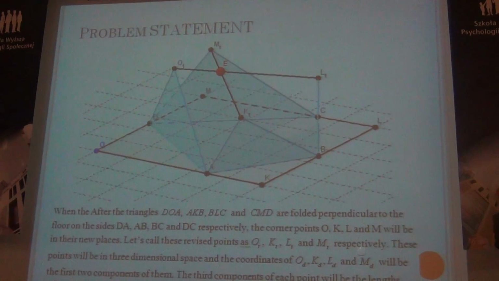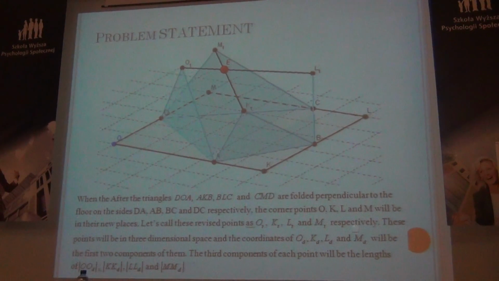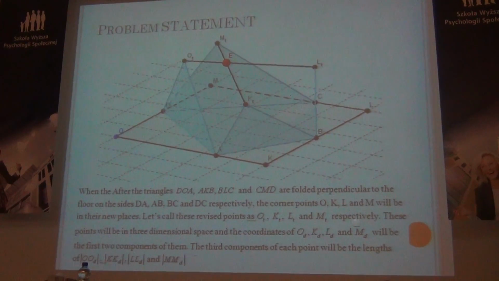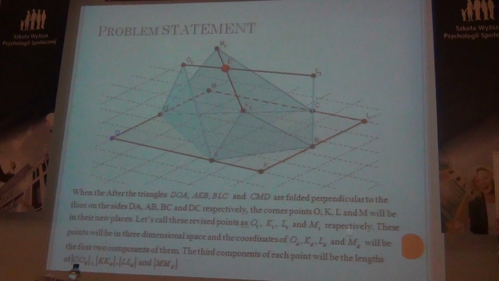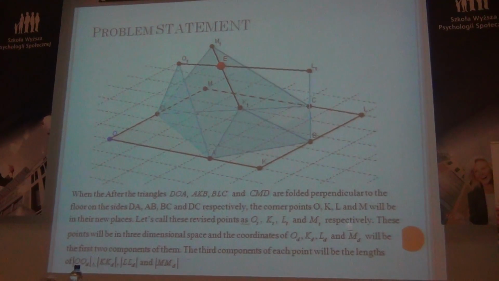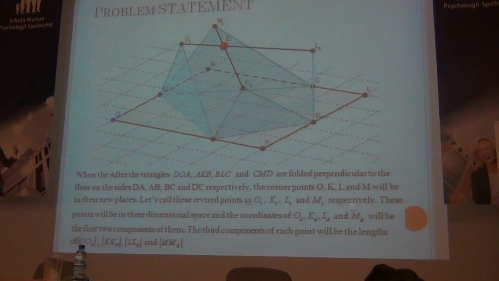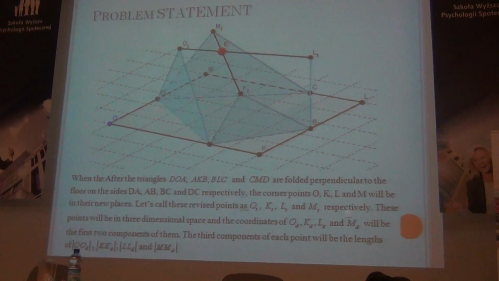When the triangles DOA, AKB, BLC, and CMD are folded perpendicular to the floor on the sides DA, AB, BC, and DC respectively, the points O, K, L, and M will be in their new places.